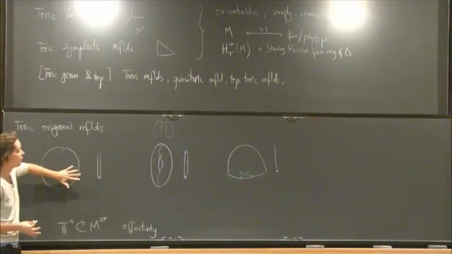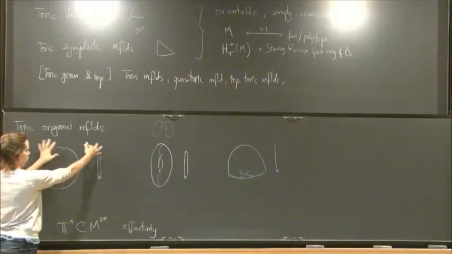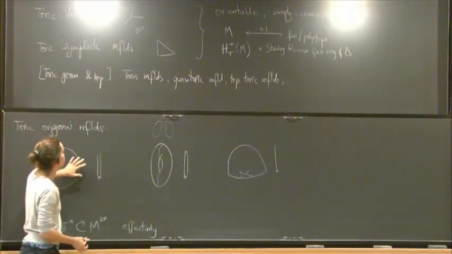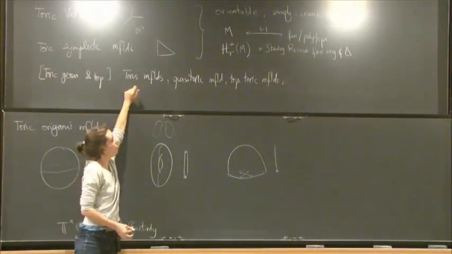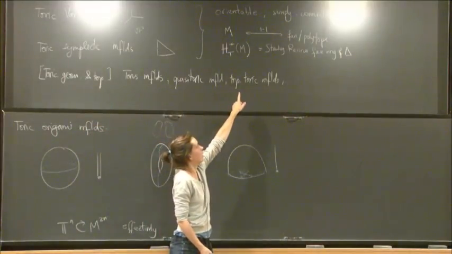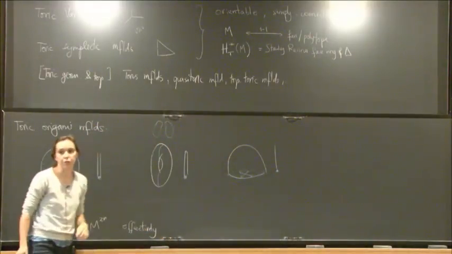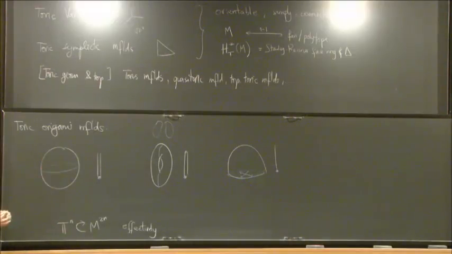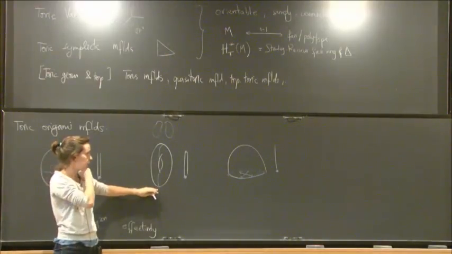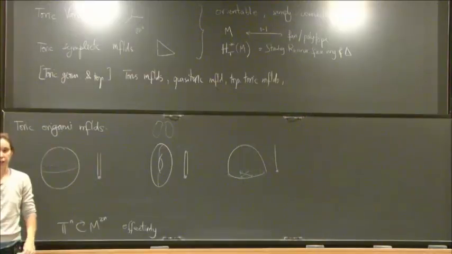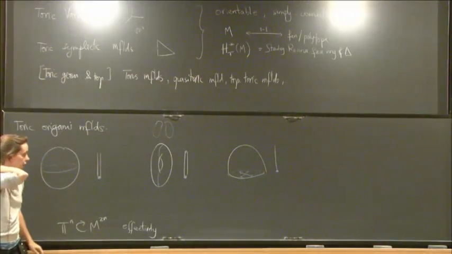For the simply connected case, which is represented by this drawing, it's actually in the framework of torus manifolds. So that slightly more complicated Stanley-Reisner face ring holds for the equivariant cohomology. For the non-simply connected case, this is what Tara Holm and I have been concentrating on.